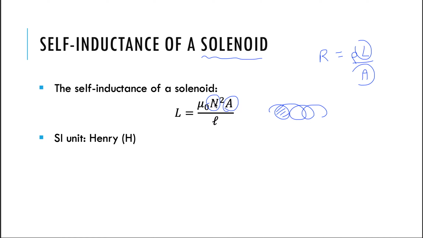All of these factors will affect the inductance. The more turns and the bigger the area, the more inductance for that inductor. So it would just be a plug and chug if you had to find the inductance given the number of loops, the area, and the length. And mu naught is the permeability of free space. The unit for inductance is the Henry. That's just another unit, and it has the letter H.